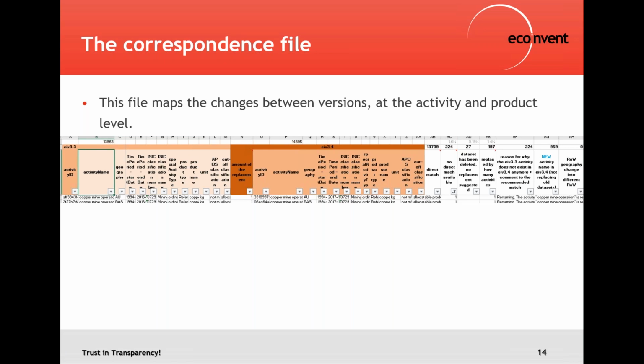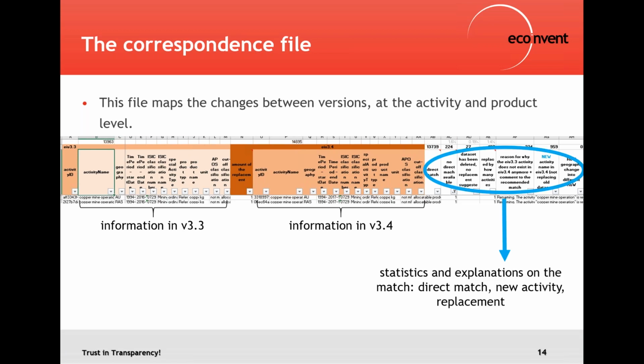You will find information regarding activity name, product name, geography of the process, time period, and other information in version 3.3 and in version 3.2. And those two sets of information are going to be matched in this file.